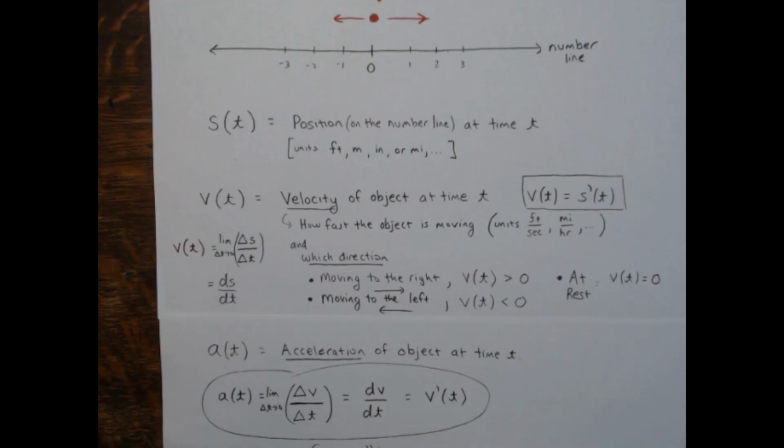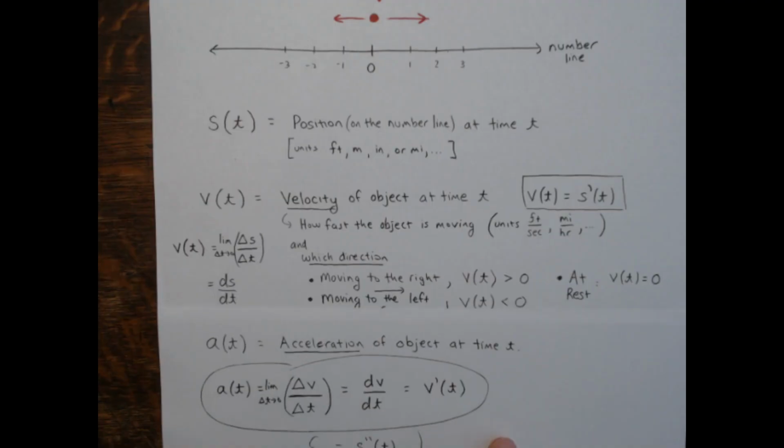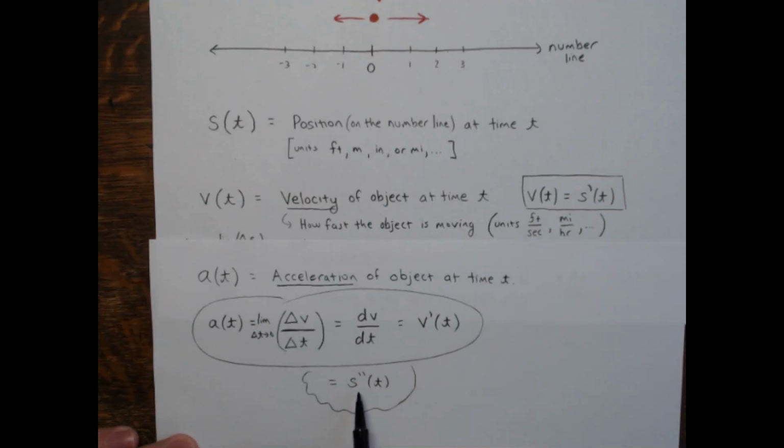It equals s double prime, because the first derivative of position was velocity, and if I do the derivative again, I get acceleration.